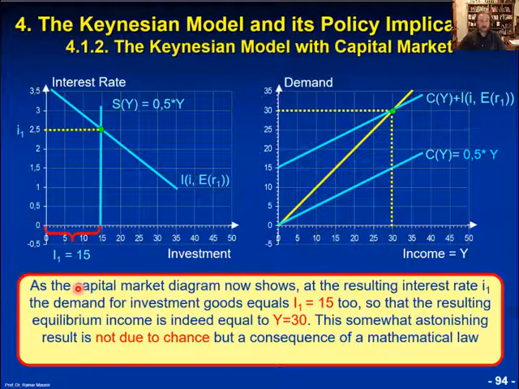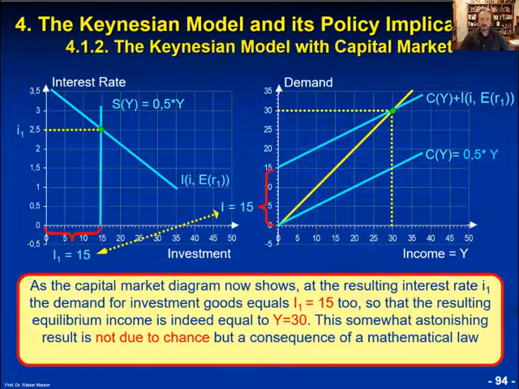And this investment demand now equals the investment goods demand which we have assumed on the market for goods. However, this result is not by chance. It is, in fact, a mathematical necessity, which is called Walras' law.